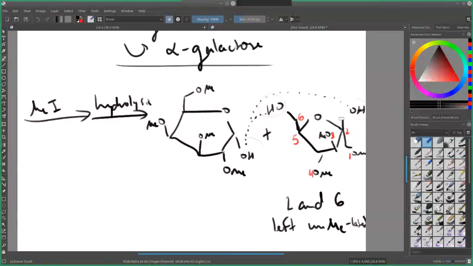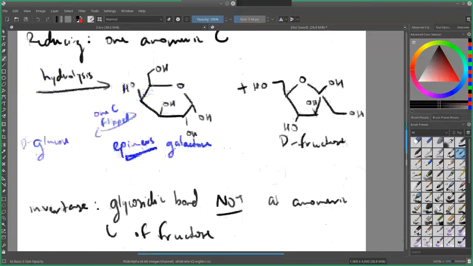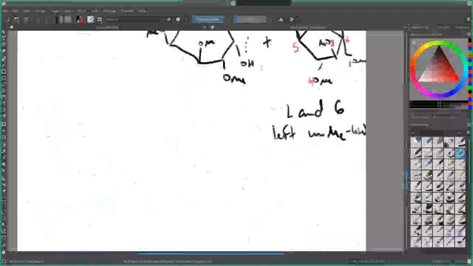And so if it's a reducing sugar, then you know that one of the anomeric carbons has to be open. This one's clearly not because it's involved in a bond, so this other anomeric carbon has to be open. Okay, yeah. All right, so it'll be a number 6.